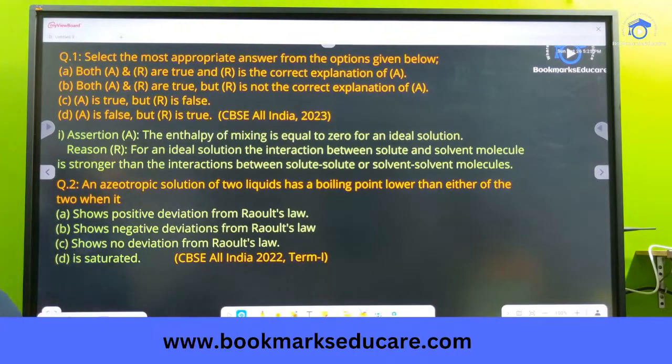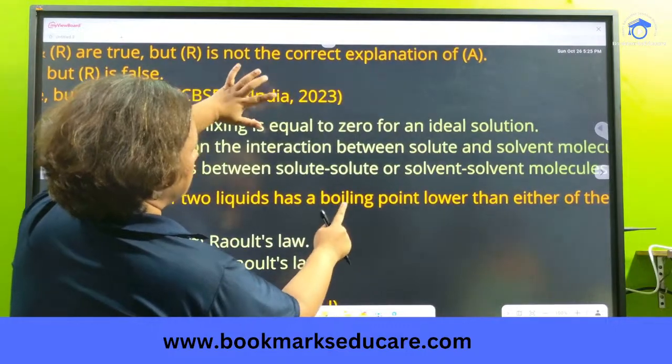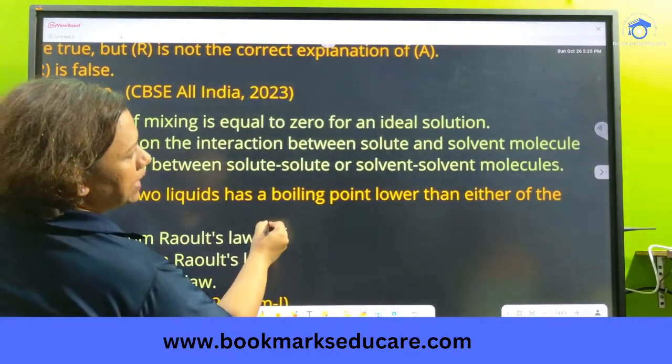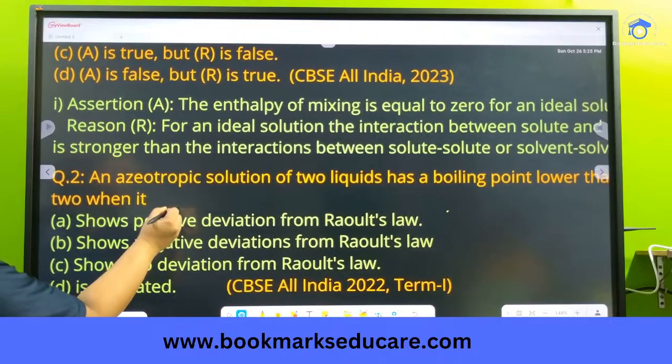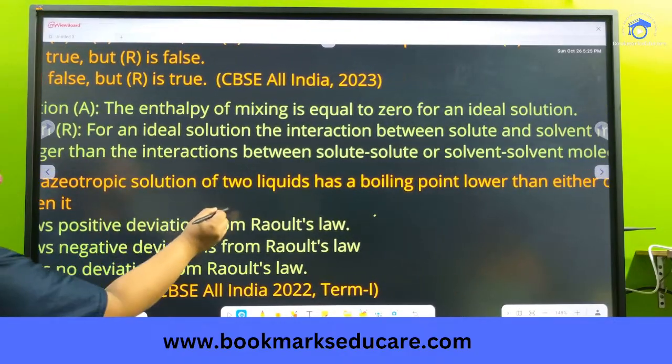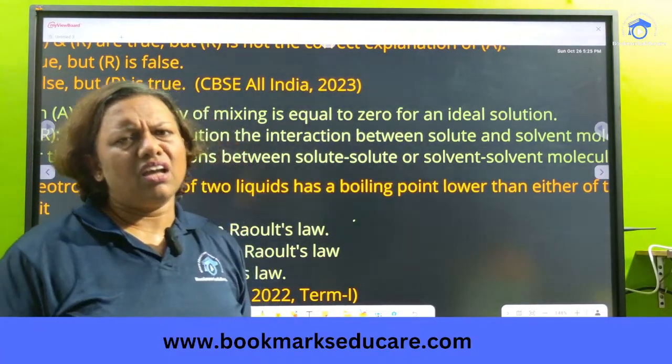The next one: for an ideal solution, the interaction between solute and solvent molecules is stronger than the interaction between solute or solvent molecules. What do you think? Is this correct?